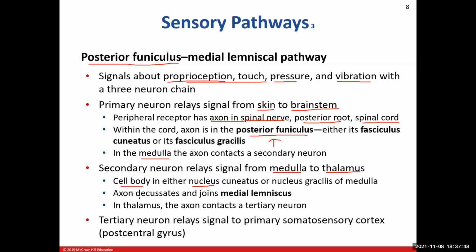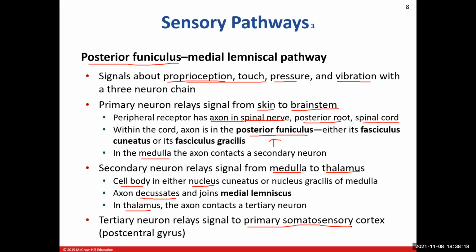Then that secondary neuron decussates, it crosses over, and it enters into that medial lemniscal pathway, and it ascends all the way up to the thalamus until it synapses onto our tertiary neuron. And then from there, our tertiary neuron is going to relay that sensory input to the appropriate area in the primary somatosensory cortex of the parietal lobe.